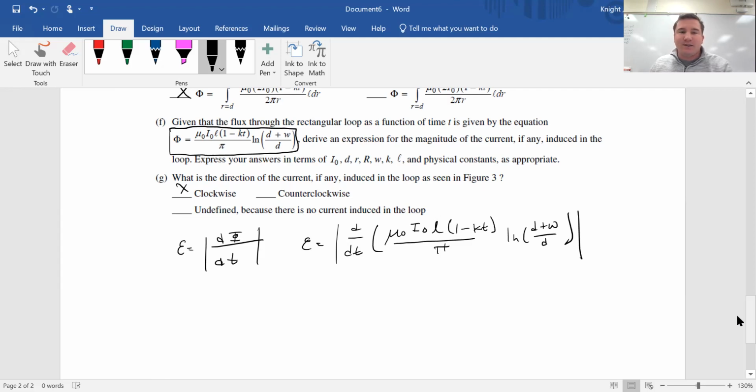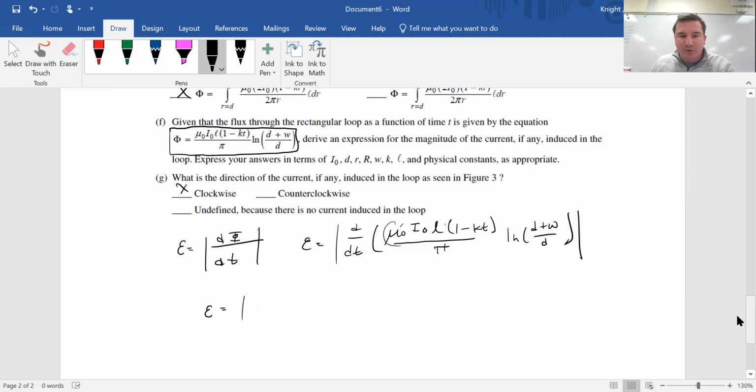Now, this is a little bit nice because a lot of this is constant and doesn't have anything to do with t. So we can think about it basically as a coefficient in front and pull that all out. So the EMF is equal to, I guess everything's positive, so we don't really need the absolute value, but actually we do get a negative k here that will cancel out.